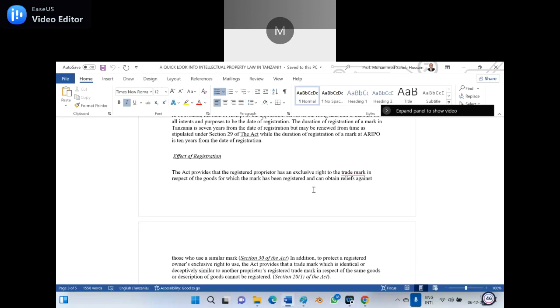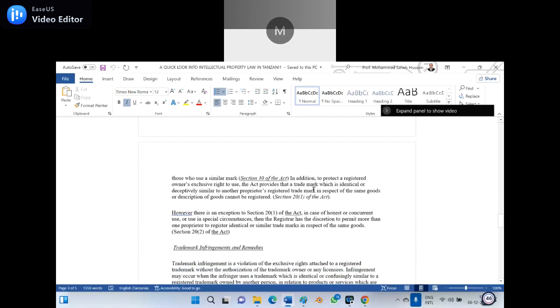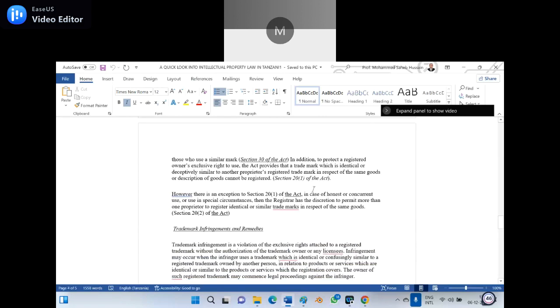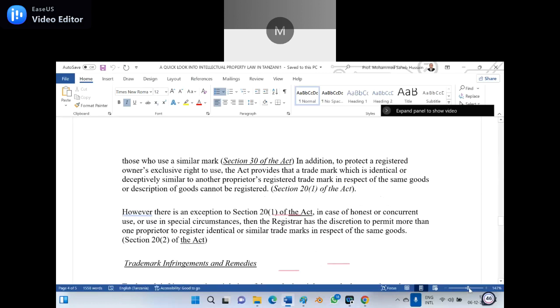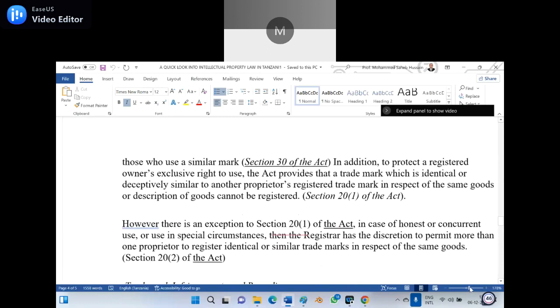So the Act provides that the registered proprietor has an exclusive right to the trademark in respect of the goods for which the mark has been registered, and can obtain reliefs against those who use similar marks. If any person is using a similar mark which creates confusion, at that instance one can tap the door of ARIPO.